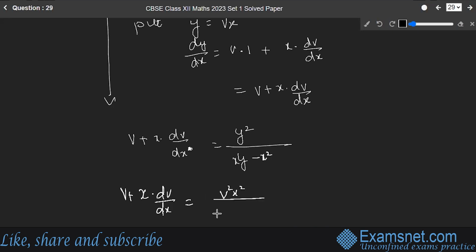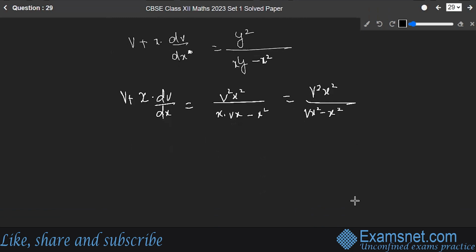So this is v plus x into dv by dx is equal to, this can be written as v square x square upon x into v into x minus x square, which is v square x square upon v into x square minus x square. Or you can write it as v plus x into dv by dx is equal to v square upon v minus 1, right?